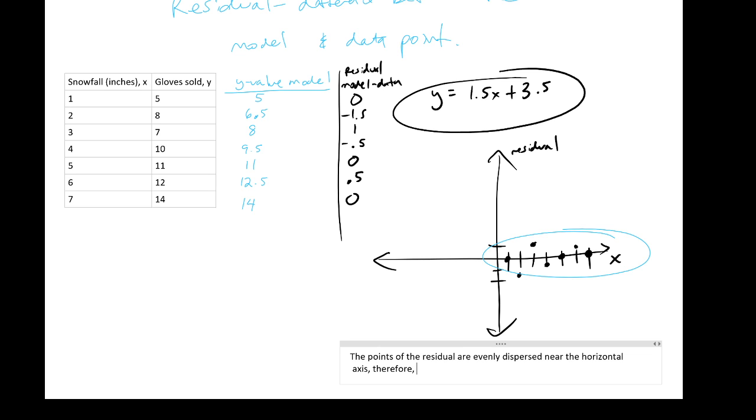So therefore, the equation is a good line of fit. What it means is that this thing isn't far off, right? The outcomes wound up being pretty close to what the actual data projects out. The more it is on this horizontal axis, it means the more accurate that our model is.